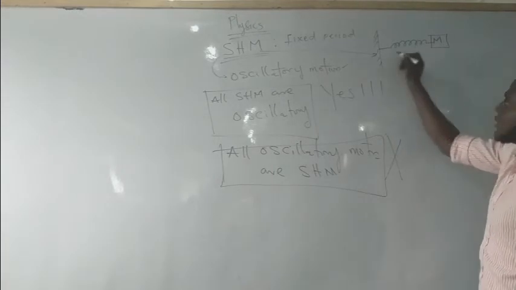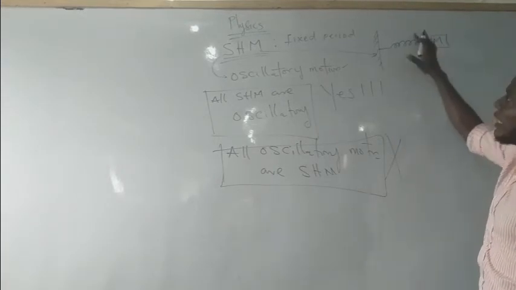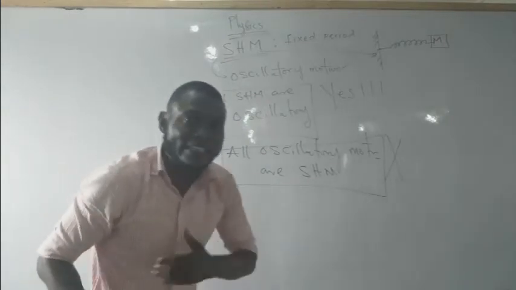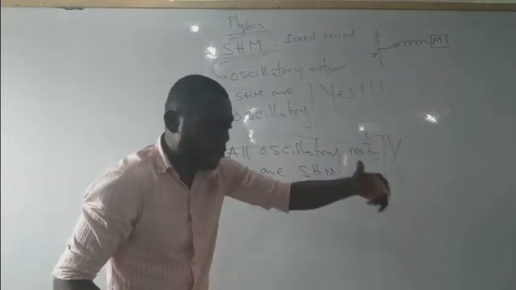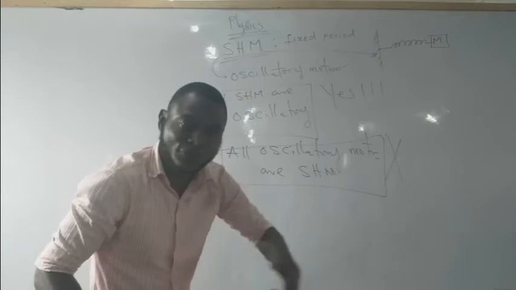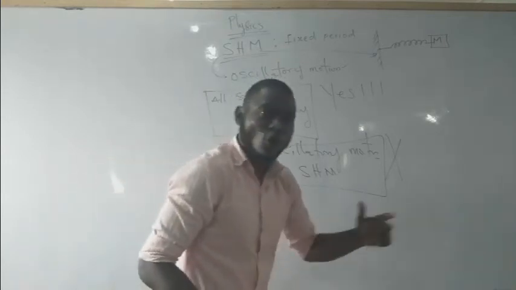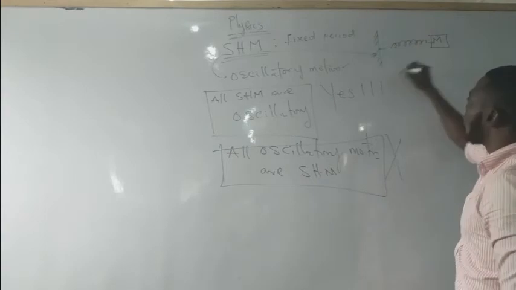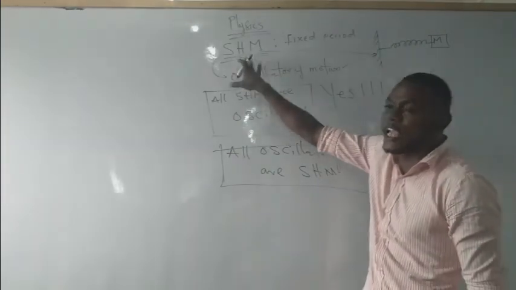The movement of this is in linear simple harmonic motion, in a straight line, moving to and fro. So such a body is in simple harmonic motion, SHM.